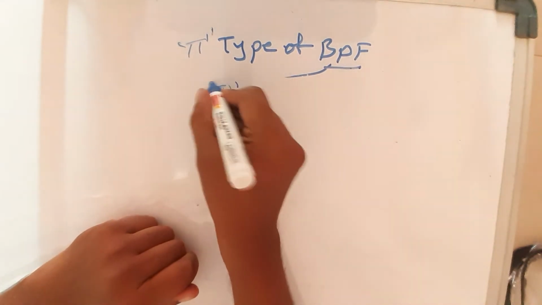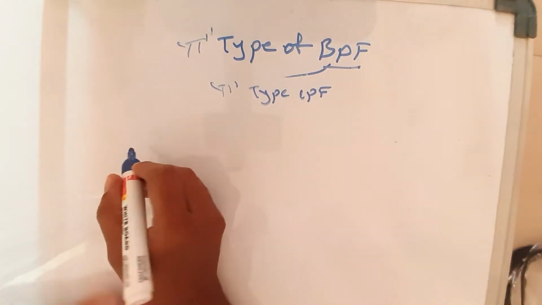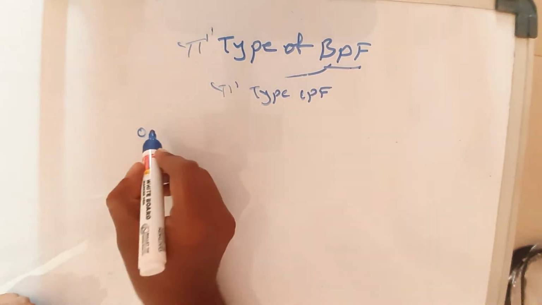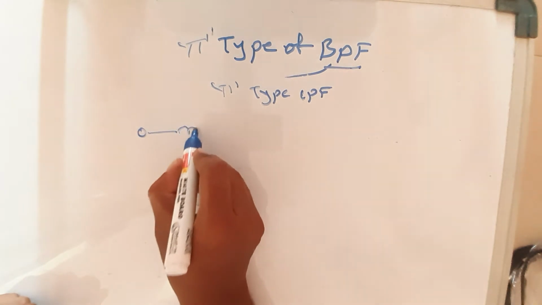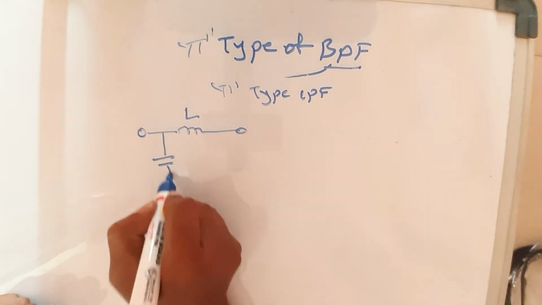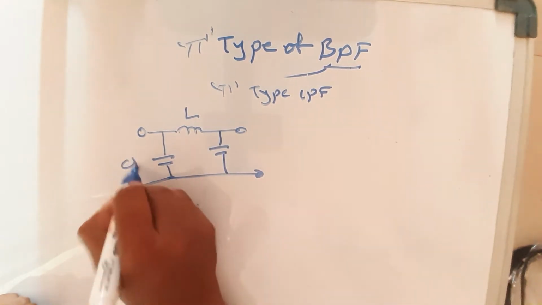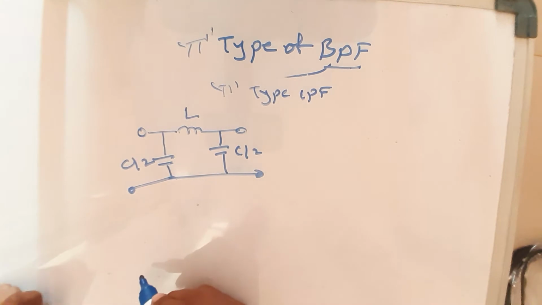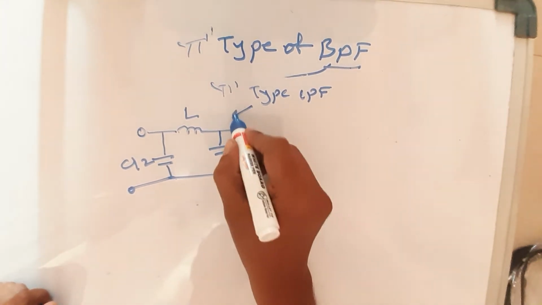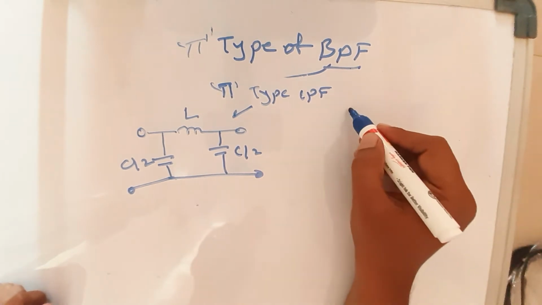So here pi type low pass filter. In pi type series arm I have only inductor and shunt arm I have 2 capacitors. This is C by 2, C by 2. Okay, this is the pi type of low pass filter.